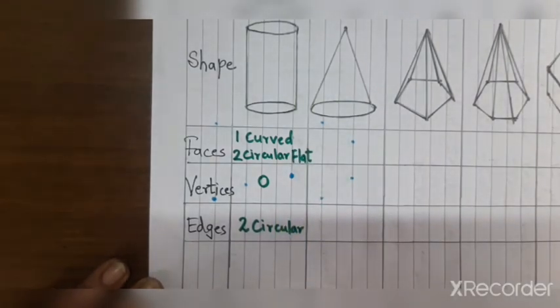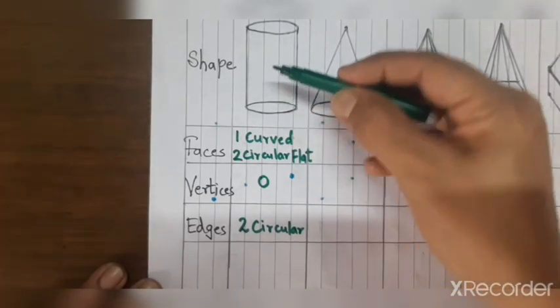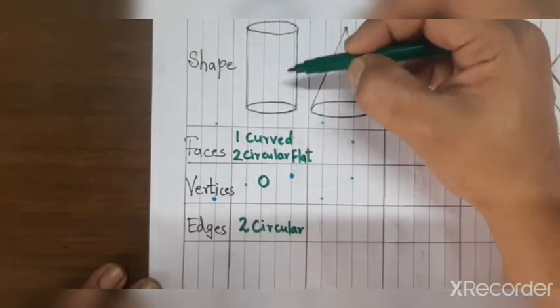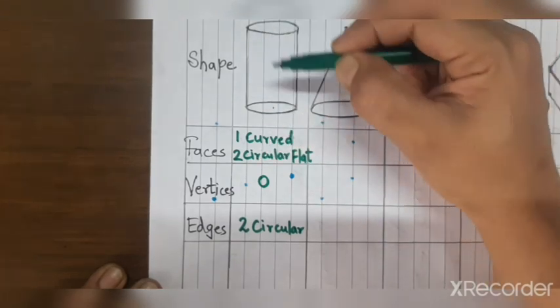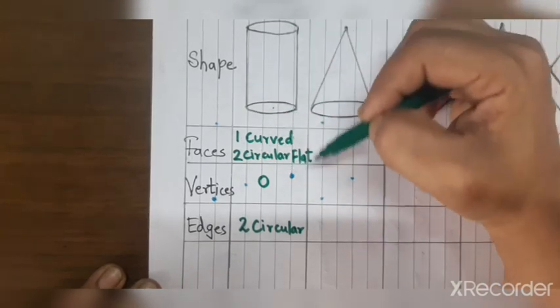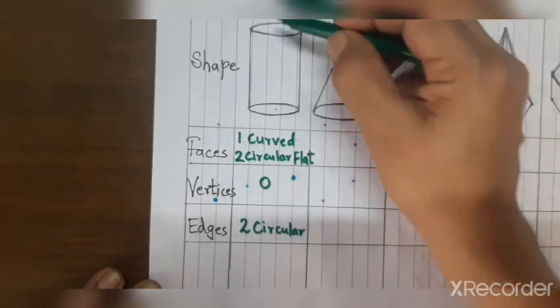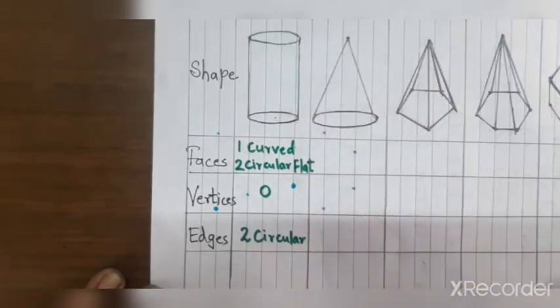So a cylinder has one curved face and two, that is top and bottom, which are circular in shape and flat. There is no vertex, there is no corner point, and edges, there are two circular edges.